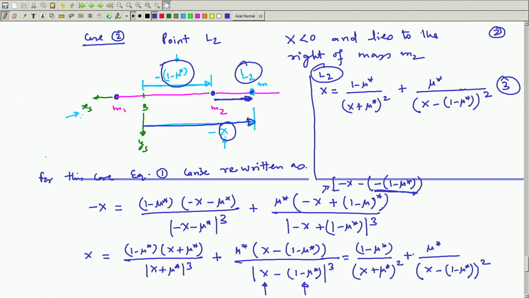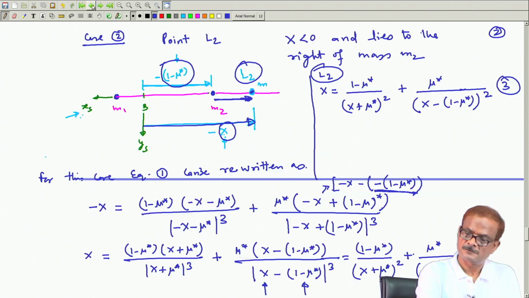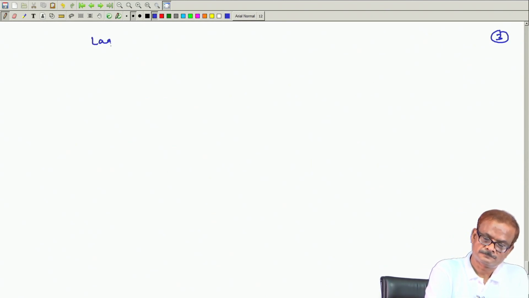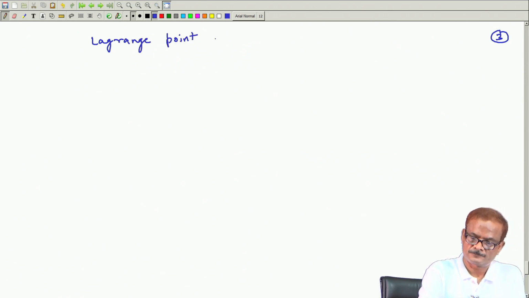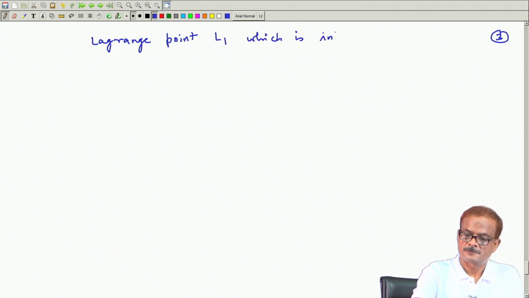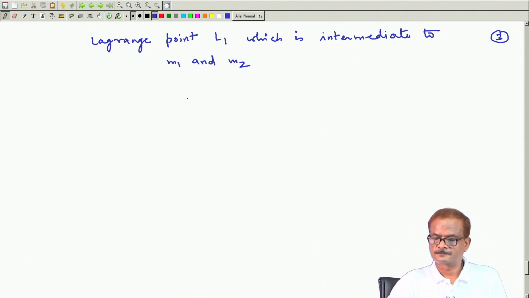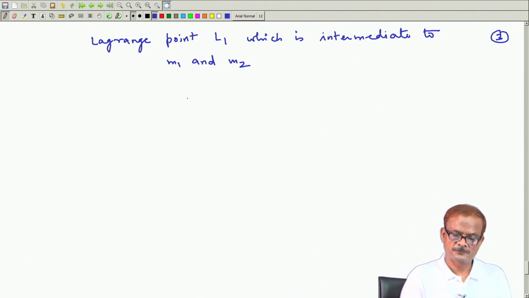Now, we are left with the L1 point, which is intermediate to M1 and M2. Now, we need to sort out this problem.